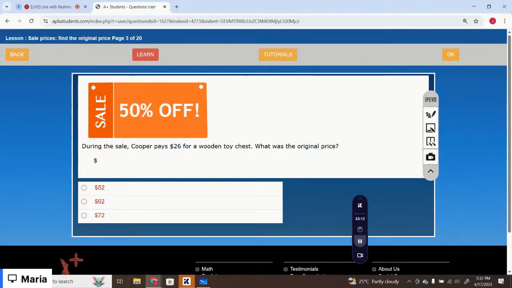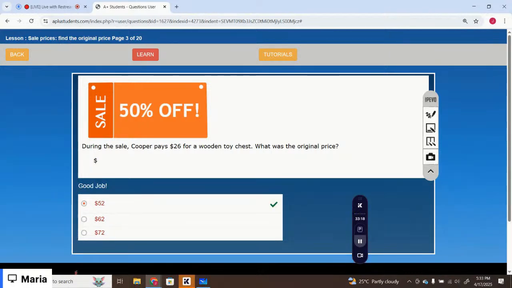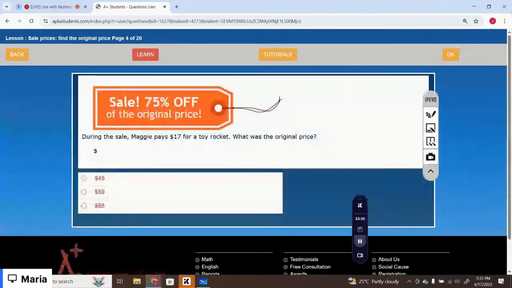During the sale, Maggie pays $17 for a toy rocket. What is the original price? That was at 75% off, and after the 75% off, the price is $17. So 100 minus 75 equals 25%.